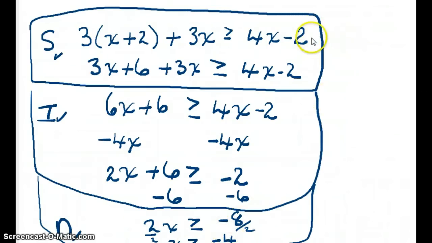Everything that you've learned up until this point is exactly the same in this particular problem. You simplified, you isolate, and you divide the coefficient in order to get an x. But in this case, it was a greater than or equals to sign.